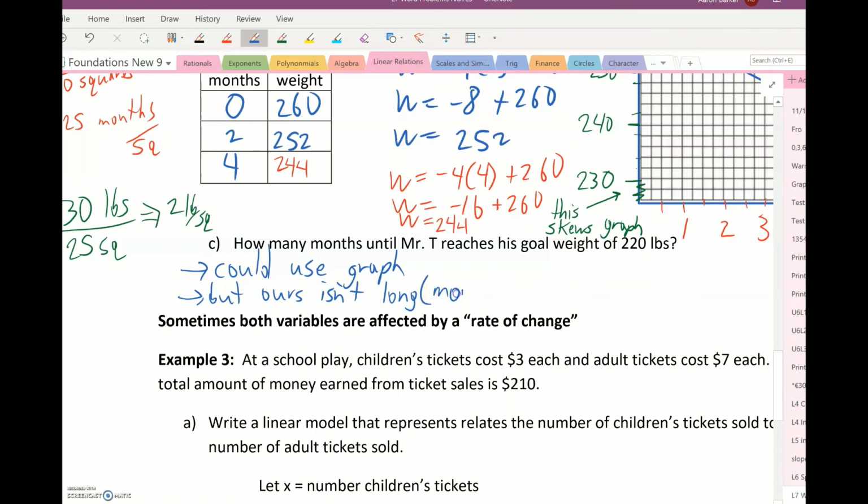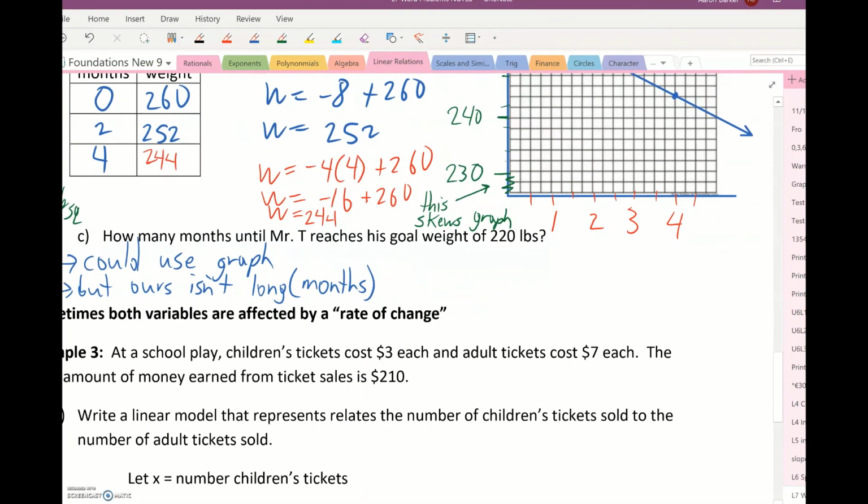So we don't have enough months graphed. So instead, you're going to substitute into the equation and solve.